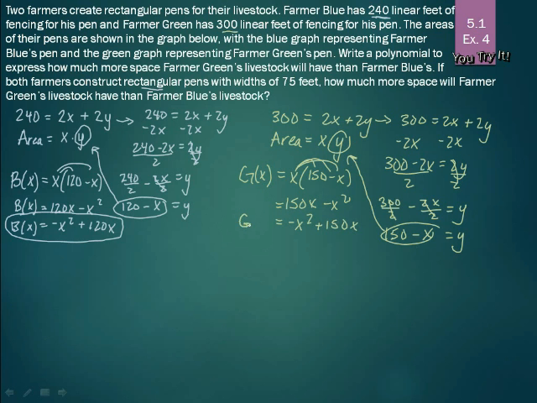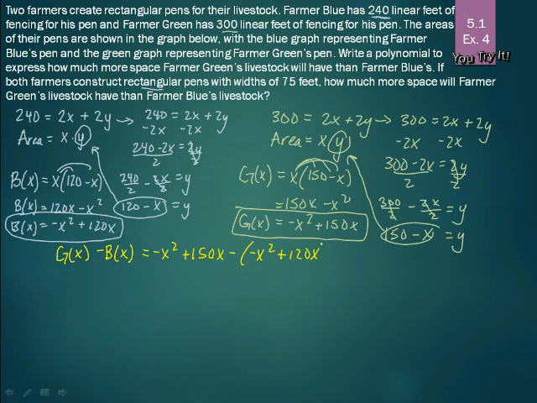So there are the two polynomials for Farmer Blue and Farmer Green. Then it asks us to write a polynomial for how much more space Farmer Green's livestock will have than Farmer Blue's. Farmer Green has more than Farmer Blue, and we want to know how much more. So we take the bigger one, subtract the smaller one, and that gives us the difference. g of x minus b of x equals negative x squared plus 150x minus negative x squared plus 120x.